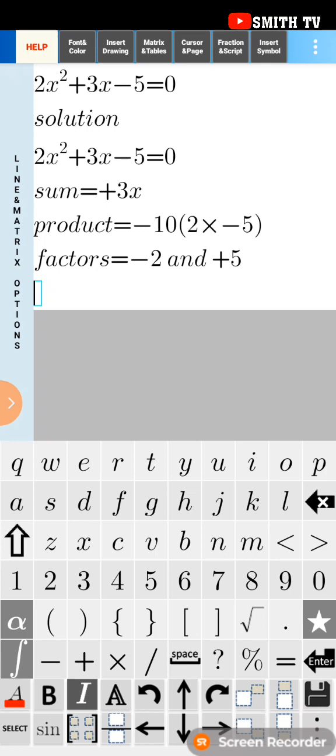I'm going to replace the coefficient of x, that is 3, with the factors minus 2 and plus 5. So we have 2x squared minus 2x plus 5x minus 5 equals 0.